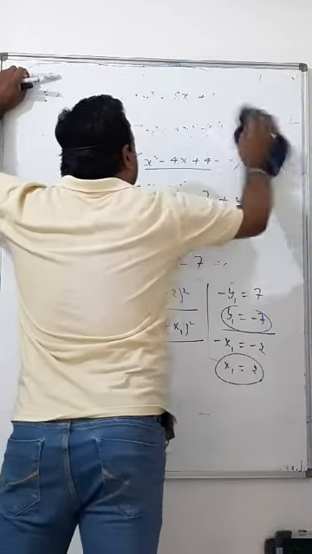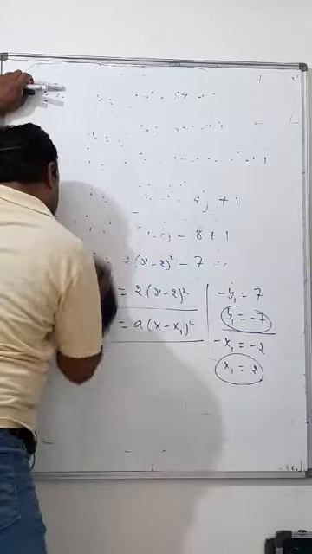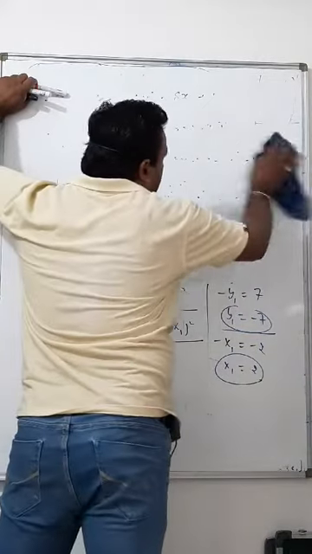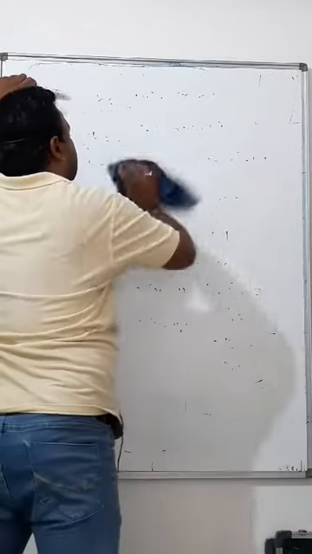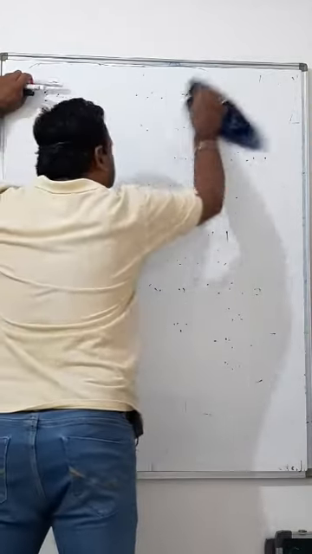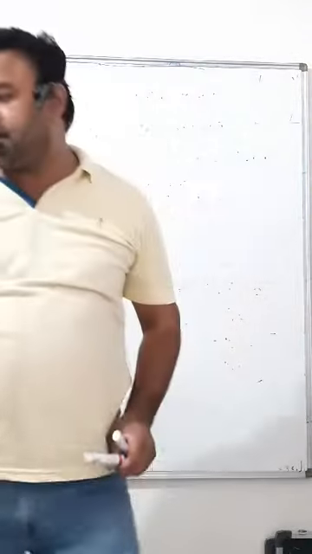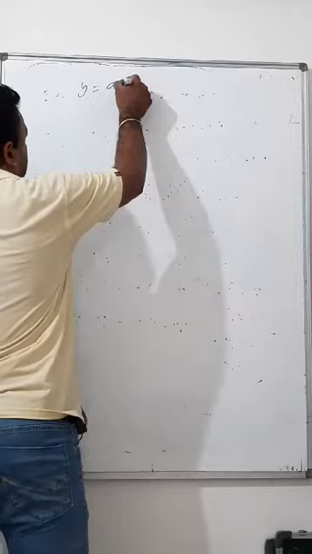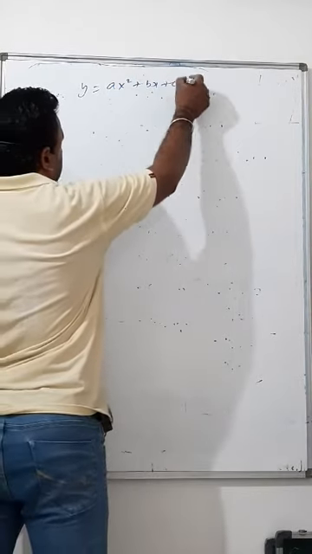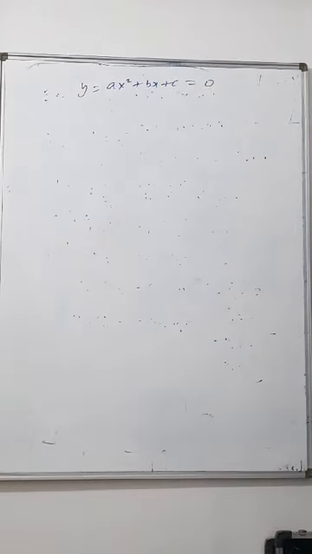Well, now there is the word equation. If you make this y equal to 0, then this quadratic polynomial becomes a quadratic equation. If I say y equals ax square plus bx plus c equals 0, now it becomes a quadratic equation.